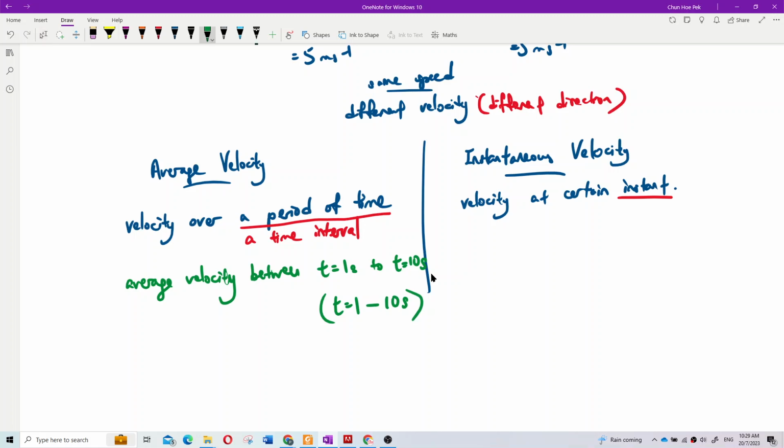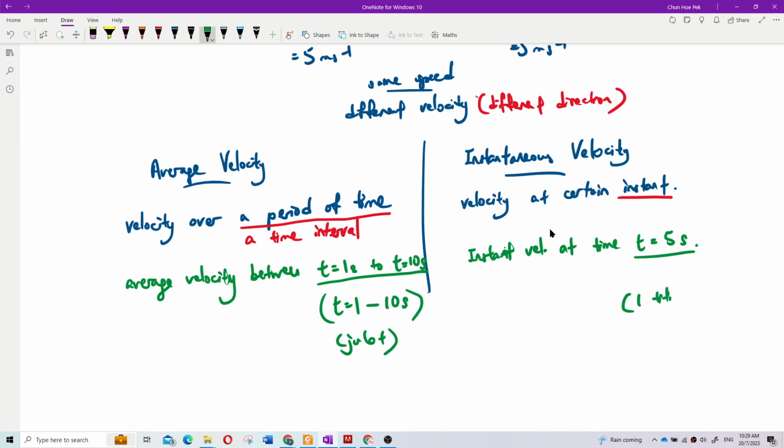But instantaneous velocity is what? Instantaneous velocity at time equal to, let's say, 5 second. Pada satu masa tertentu saja. Ini satu julat masa. Ini pada satu titik. Satu titik atau satu point.